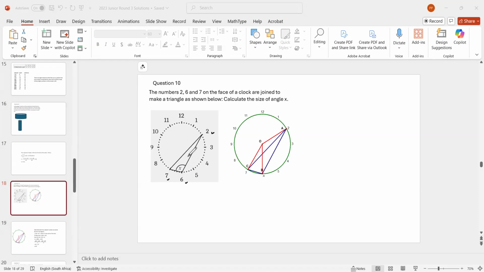So to calculate this, these 3 points are sitting on a circle, and we better exploit that fact. The circle's got a certain center, so we've written O as a center. Okay, so I need to calculate this angle here.